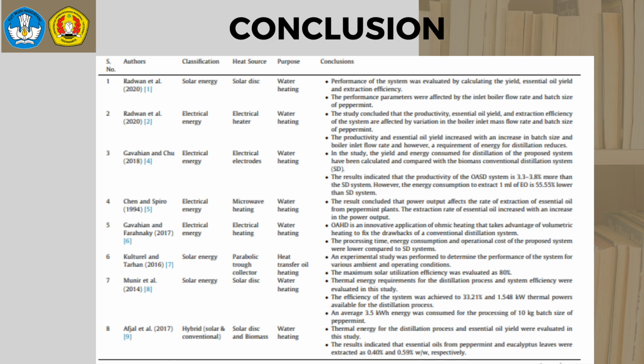The conclusion is an experimental study was performed to determine the performance of the system for various ambient and operating conditions, and the maximum solar utilization efficiency was evaluated as 18%.